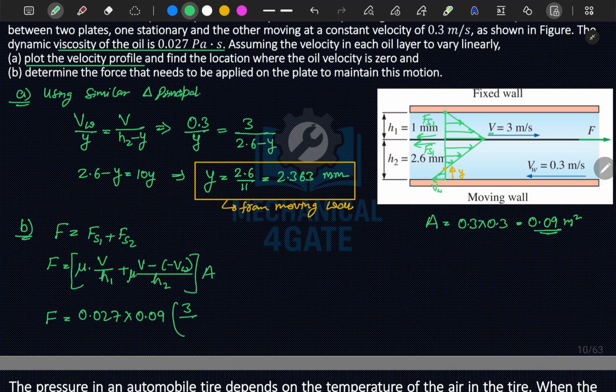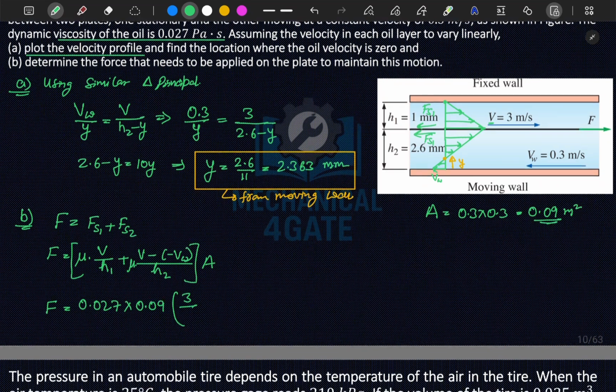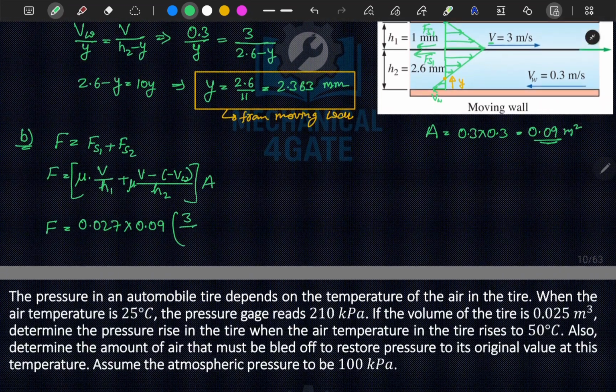Since we have considered V in meters, let's take H1 and H2 in meters also, so 1 mm is 10 to the minus 3 meter. Plus now V minus VW, so 3 plus 0.3, divided by H2, which is 2.6 mm, so 2.6 into 10 to the minus 3.